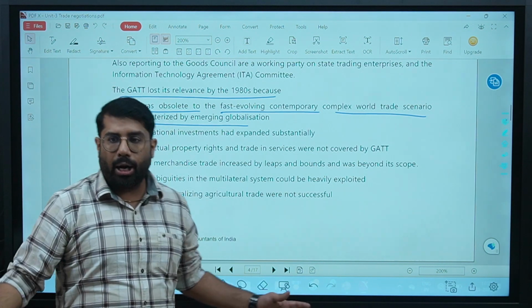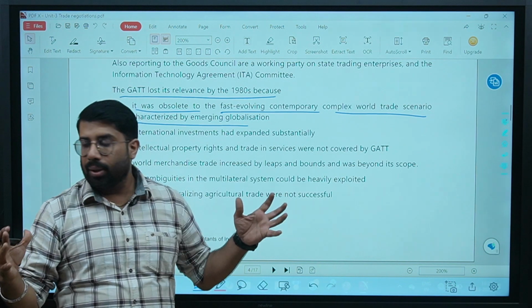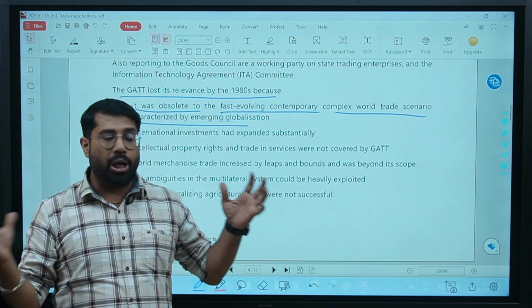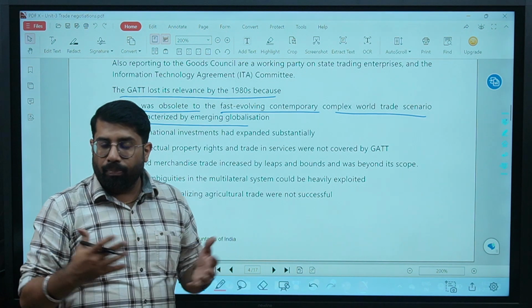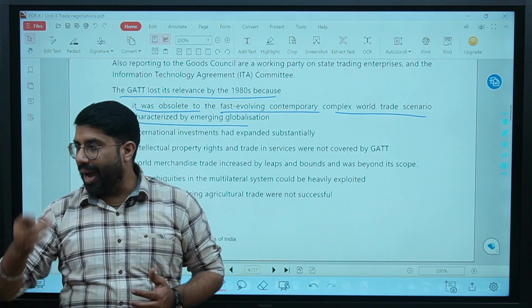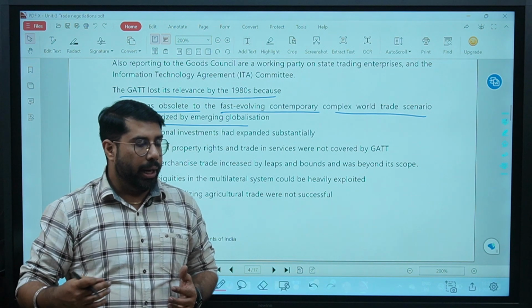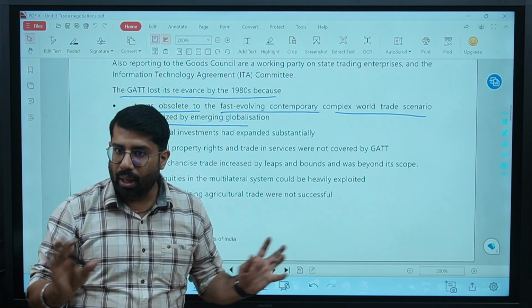As and when the market was growing, as and when the scope of the market was expanding, GATT was not capable enough to be so dynamic that it could adapt to all the changes. It means GATT was very old fashioned. It didn't have capabilities to deal with the new things. Are we clear?